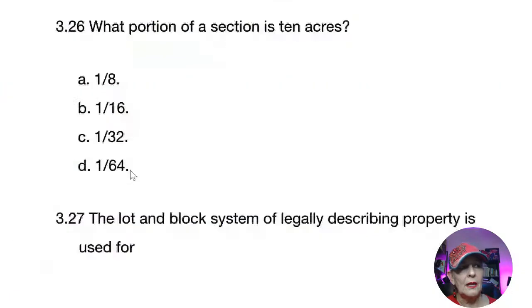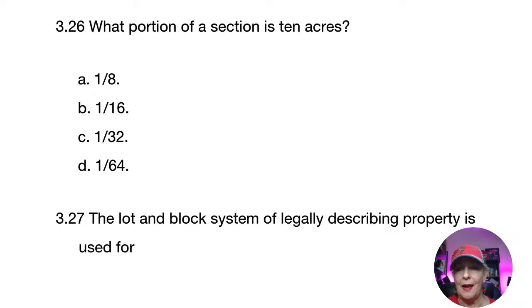So 10 acres, so it would be 10 divided by 640. Okay, because it's 10 acres out of 640. So the answer is 1/64. You drop the 0. Okay, 1/64 is the answer there. So the size in acres of a subsection of 10, which then becomes 1/64 of a section.